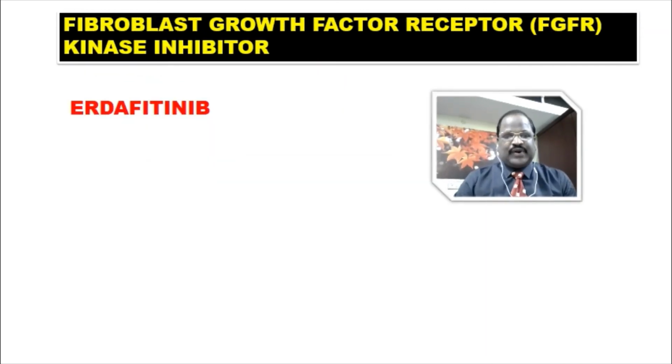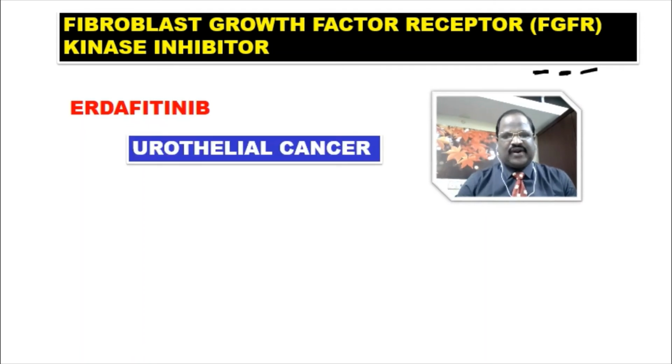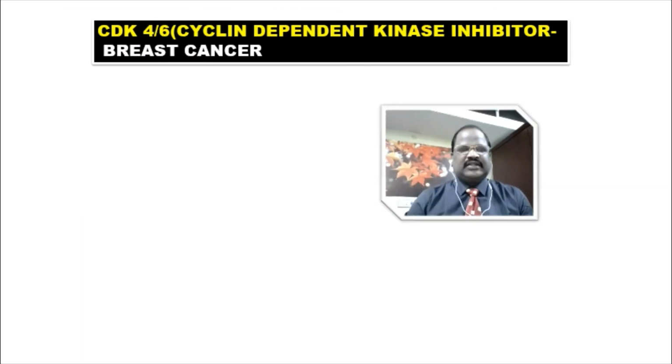Next is very important, fibroblast growth factor receptor kinase inhibitor, simply called FGFR. That is fibroblast growth factor receptor kinase inhibitor. Drug name, erdafitinib. Erdafitinib is useful for treatment of urothelial cancer. And then CDK, very important. CDK stands for cyclin dependent kinase.